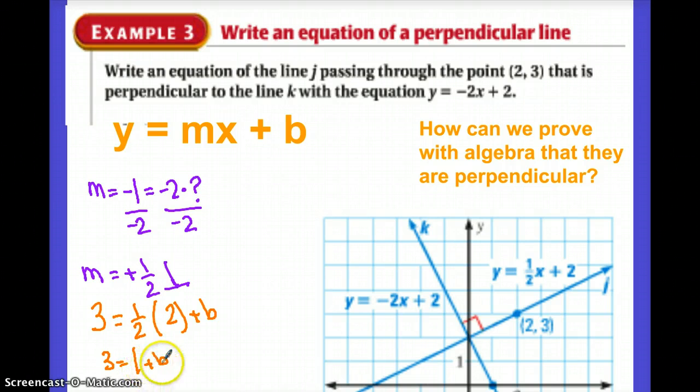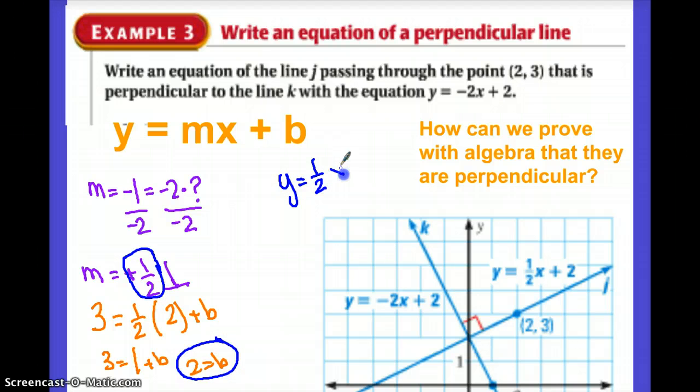Minusing 1 from both sides, I get 2 equals b. This tells me my y-intercept. So the equation for my new line has a slope of positive 1/2 and a y-intercept of 2. So y equals 1/2 x plus 2. That's what they got right here.